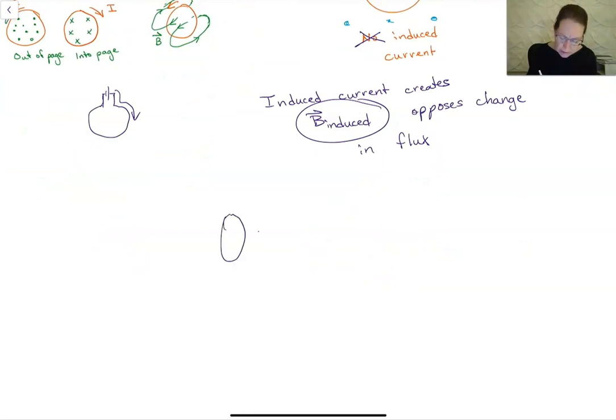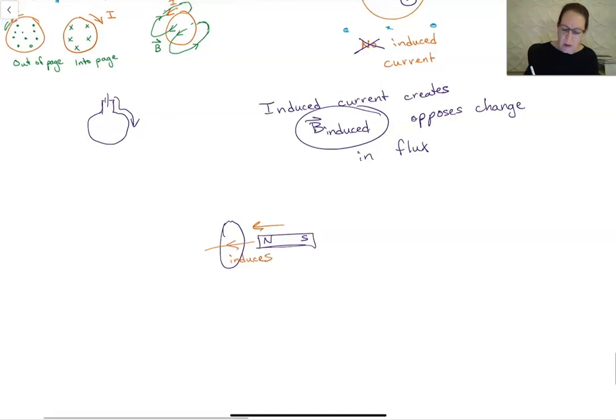If we have a loop like this and we're bringing a magnetic field in, it kind of makes sense that we induce, so if this is moving this direction, then our field lines are getting stronger this way, so it induces a magnetic field. The induced magnetic field would be kind of pointing in that direction. That would be the induced field. I'm going to make a circle somehow on it. And it would oppose the change. So that would actually feel like a force as you're trying to bring this magnet towards this loop.